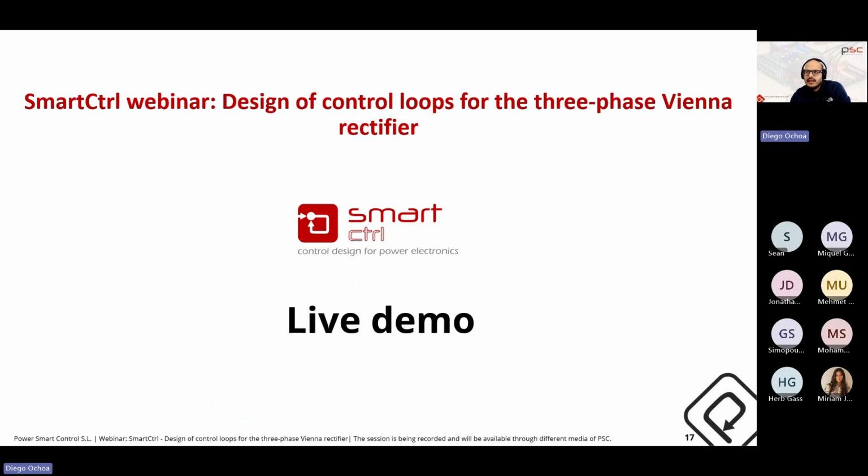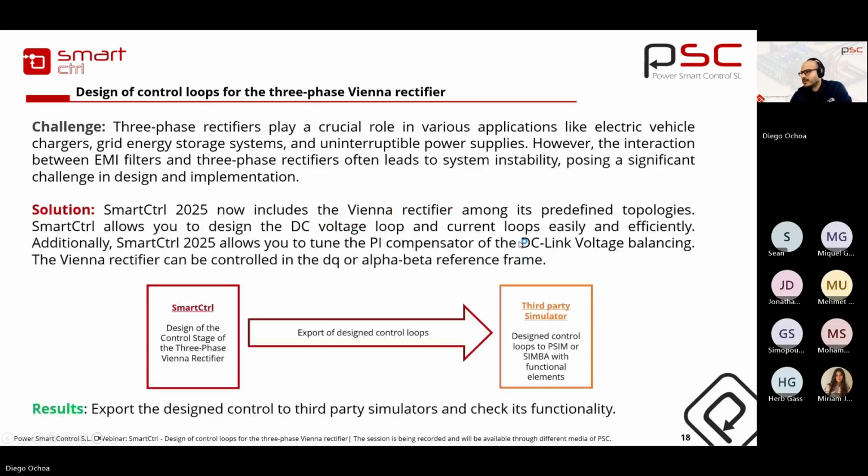So now it's time to start the live demo. We are going to show you how to design the control loop for the three-phase Vienna rectifier. That is the new topology included in the SmartCtrl 2025.1 version.